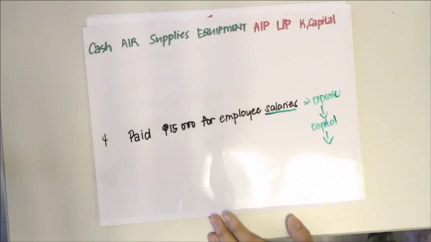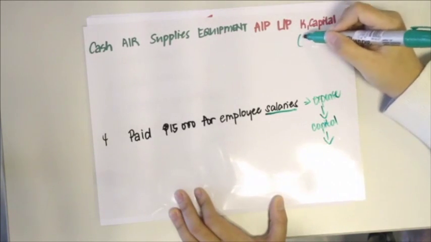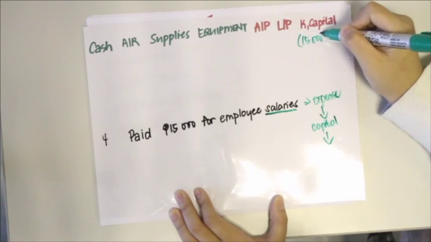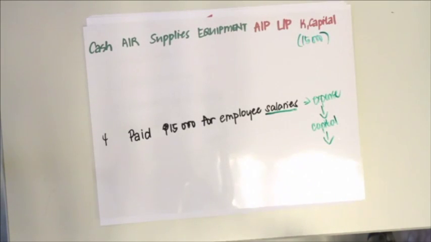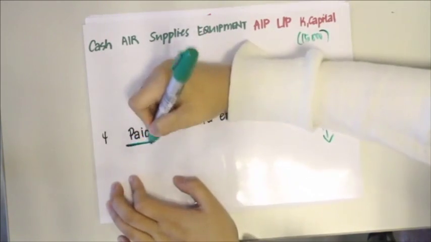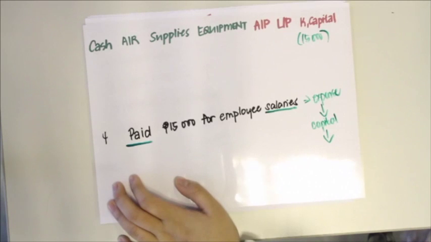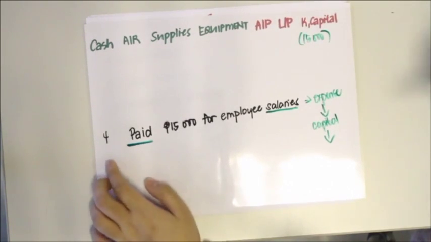So let's record that here, a decrease in your capital account. So if you have a decrease in your capital account, you need to have a decrease in your cash or an increase in your liabilities. But in this case, you paid cash for it, so it means you decreased your cash, and so you simply record that.